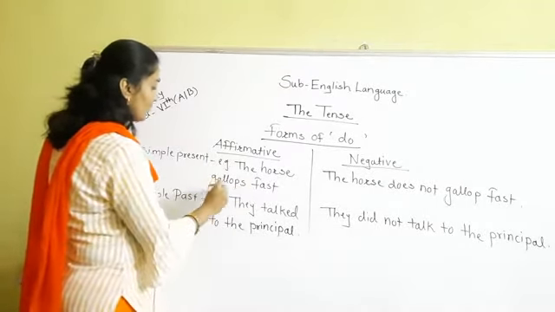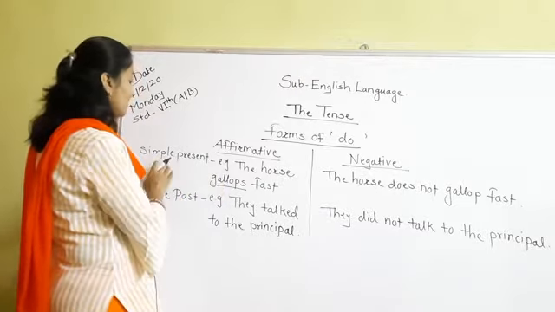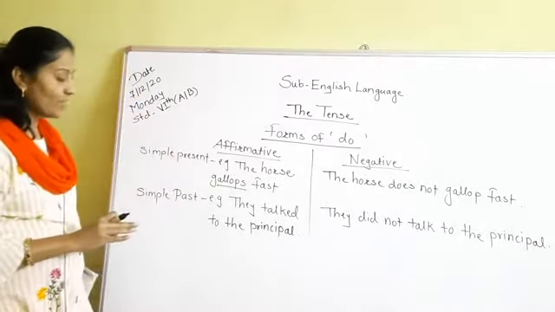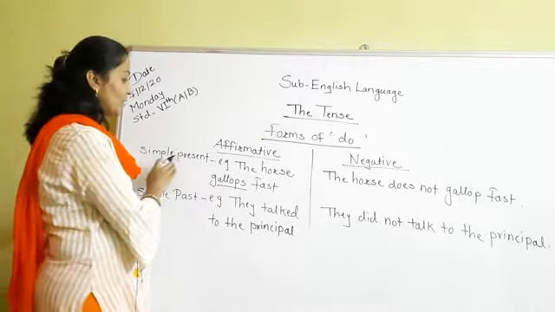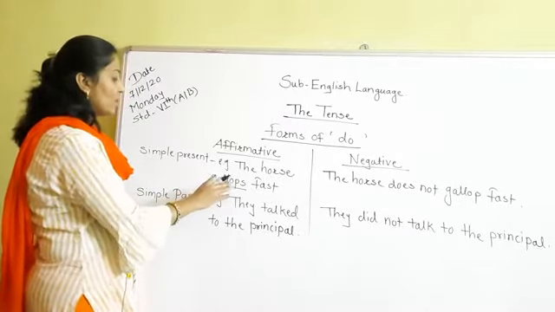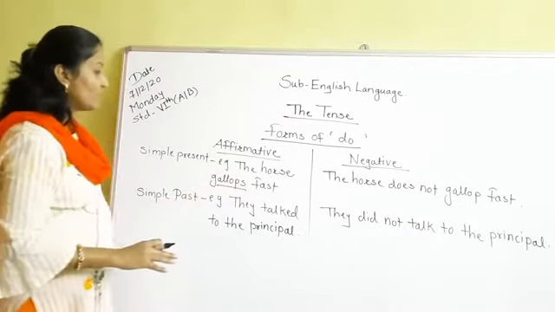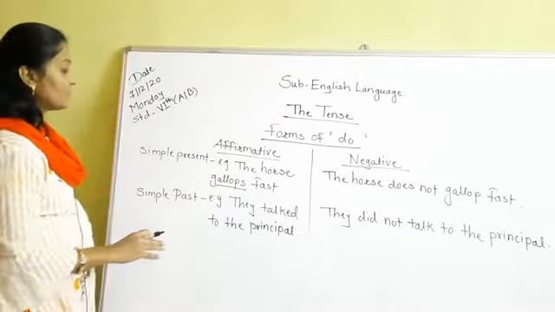Here we have used the verb gallops, and that shows the simple present tense, because we have added s to the verb. The horse gallops fast. If we want to make a negative sentence of this, we only have to add does not. The horse does not gallop fast.